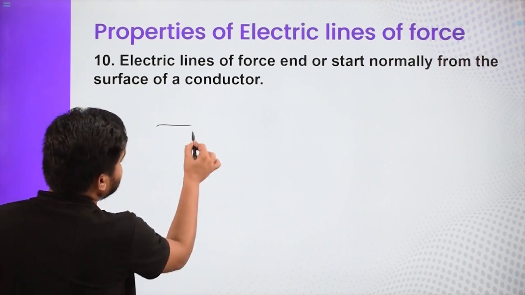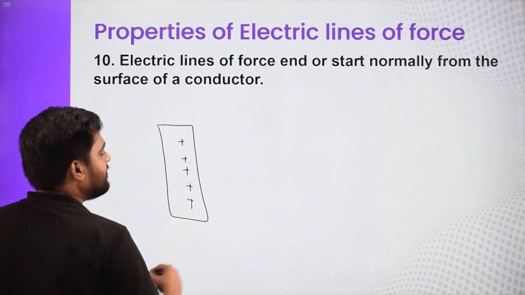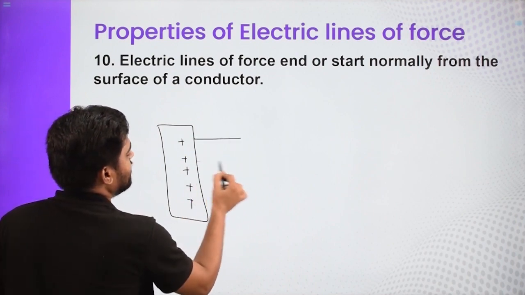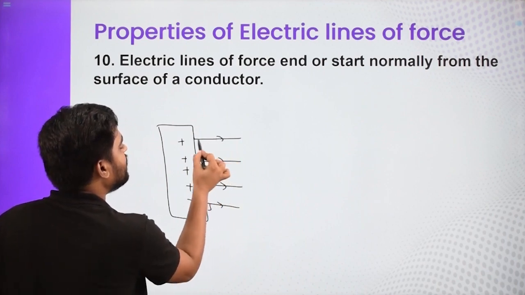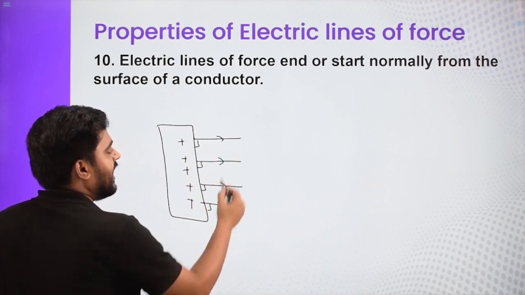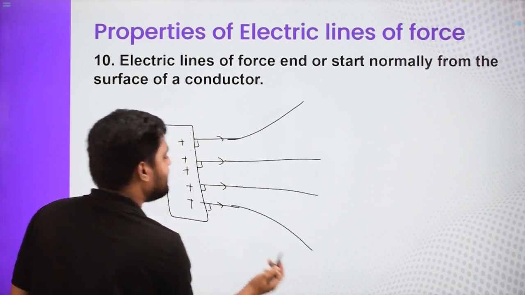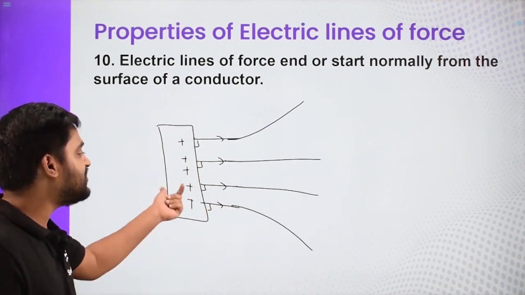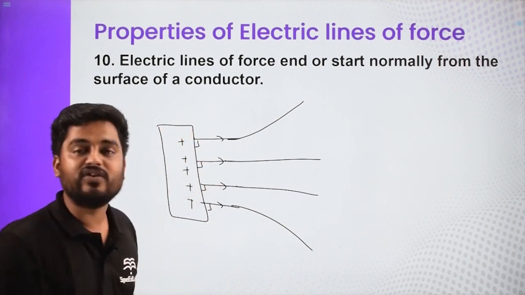Next, electric lines of force end or start normally from the surface of a conductor. If we have a conductor surface that is positively charged, then field lines go out, and that has to be perpendicular to the surface. After that they can go in any random direction, but when they start from the positively charged surface of a conductor, they start in a perpendicular manner.